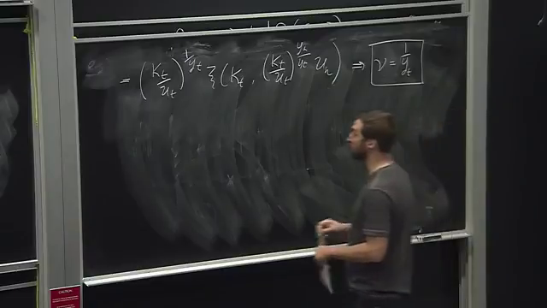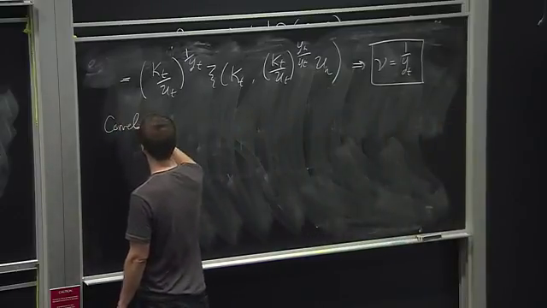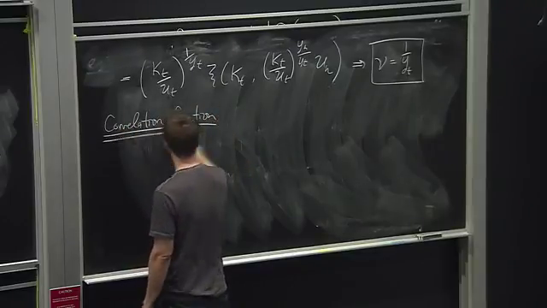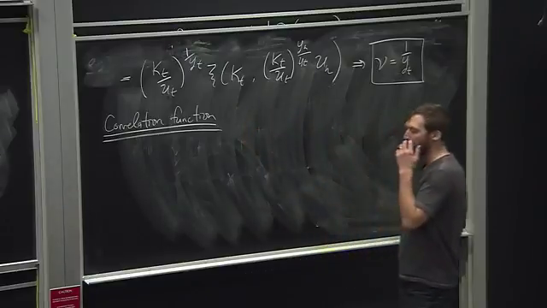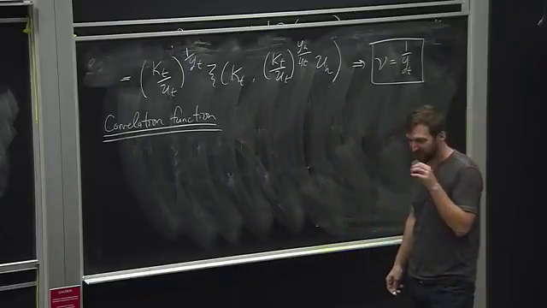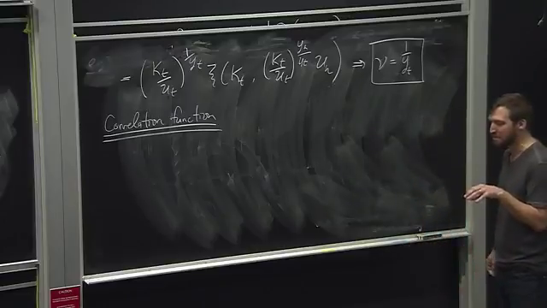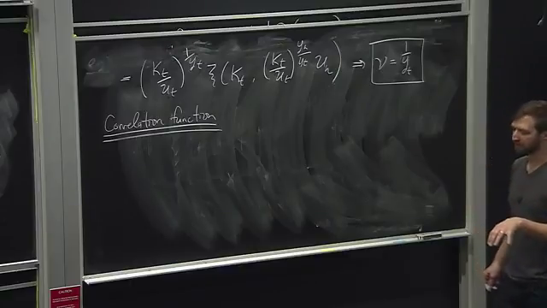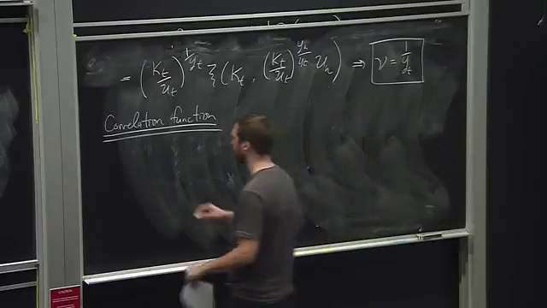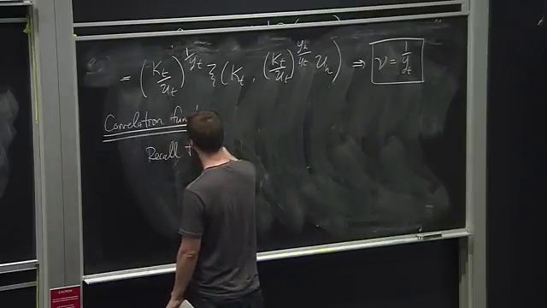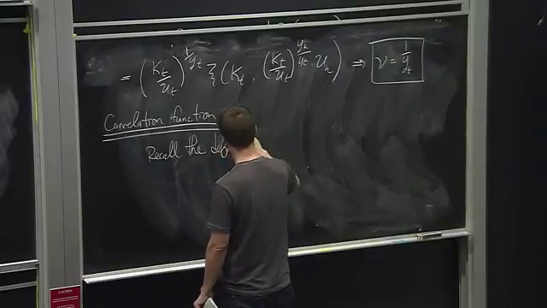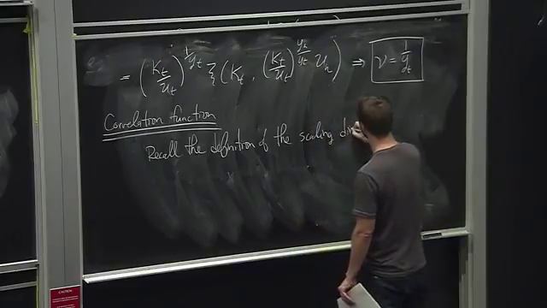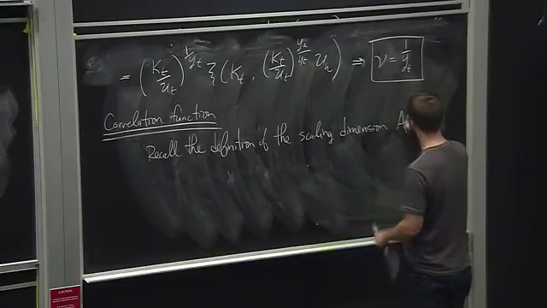The correlation length's nice, but the correlation function's not so nice. The correlation function, remember, the 2-point correlation function depends on spin variable sigma. I haven't derived the scaling dimension for sigma yet. So just recall, we call it x.